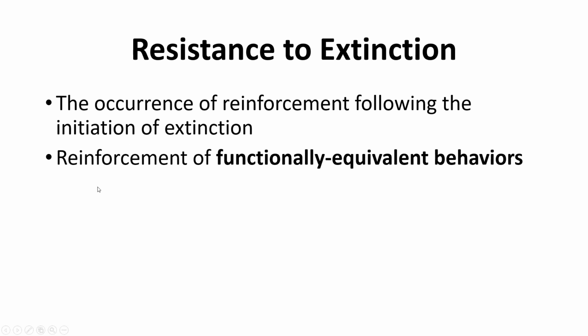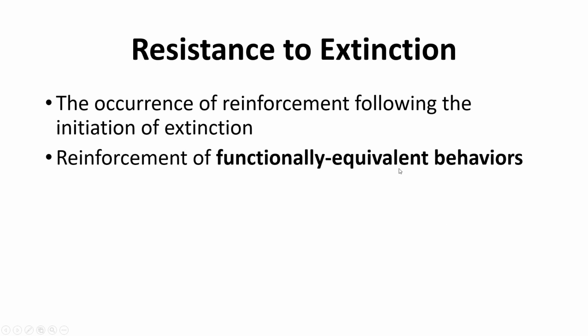You can also see a return of a particular responding behavior if there's reinforcement of a functionally equivalent behavior. So if a pigeon was getting reinforced for pecking a red key, but you're going through the extinction process to make them stop pecking the red key, if they're then given the chance to peck a blue key that gets them food, they might go back and start pecking the red key again, because it's fairly similar to the blue key, and maybe they can get food from both, so they'll try it.